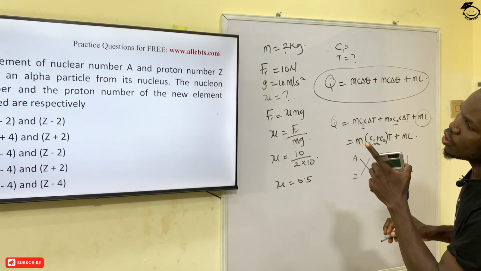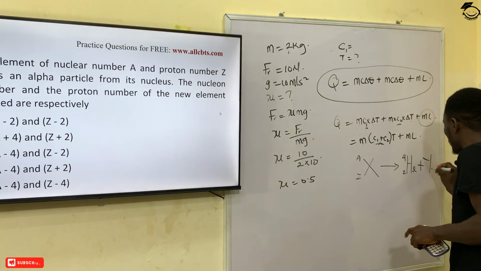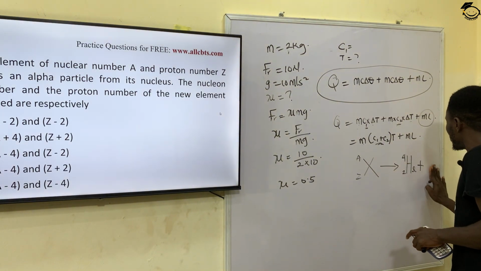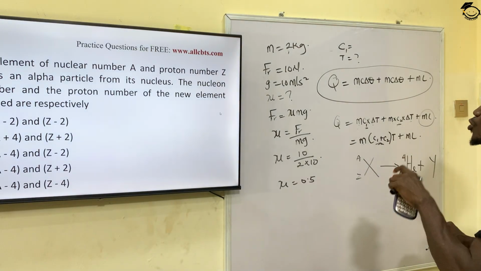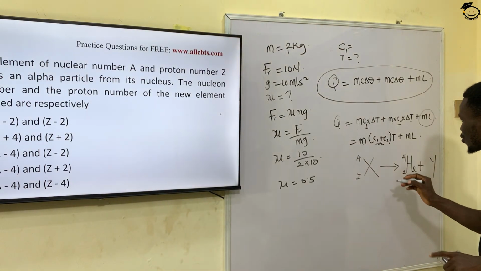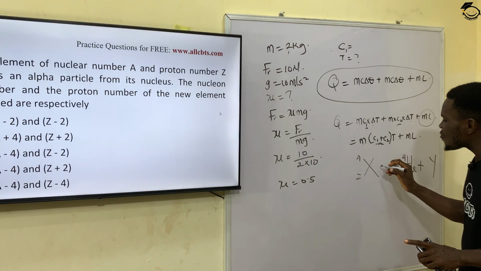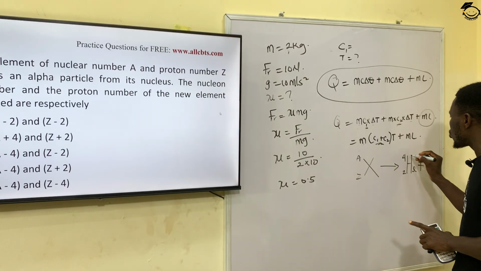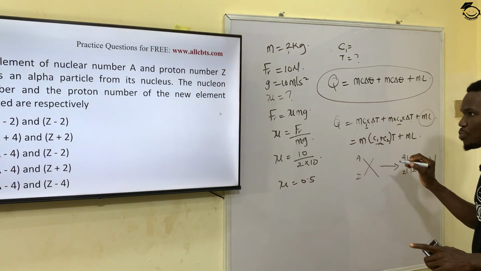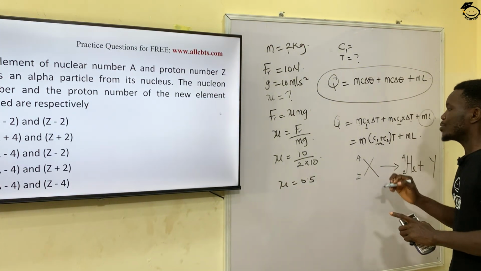The nucleon number and the proton number of the new element. So we now have a new element Y. So they are asking us what will be the nucleon number and the proton number of our new element that will be formed. So looking at this equation here, you can tell that whenever an element emits an alpha particle, it is going to lose 4 from its nucleon number, and it's going to lose 2 from its proton number.